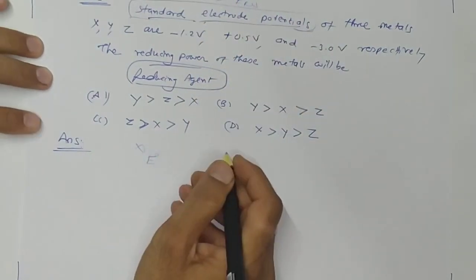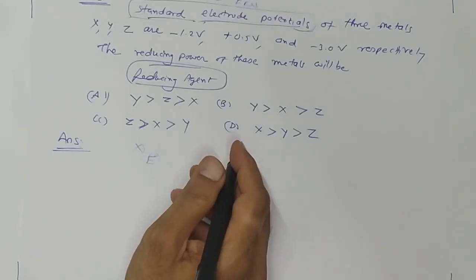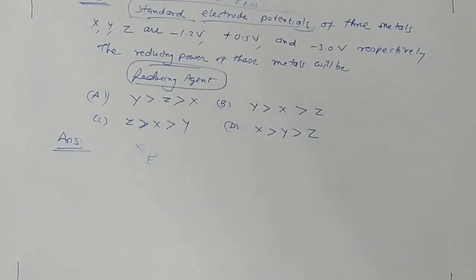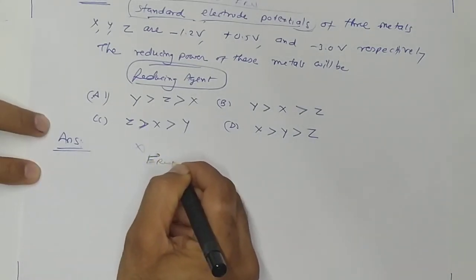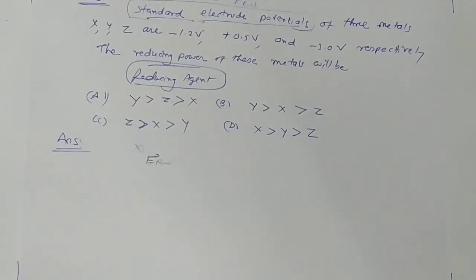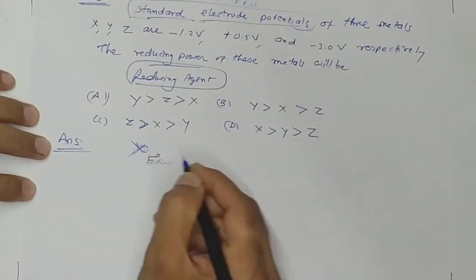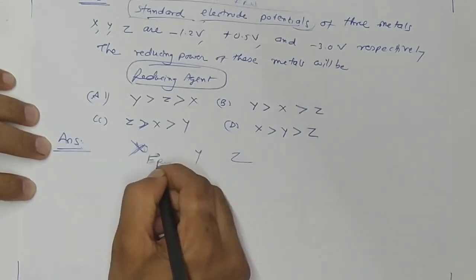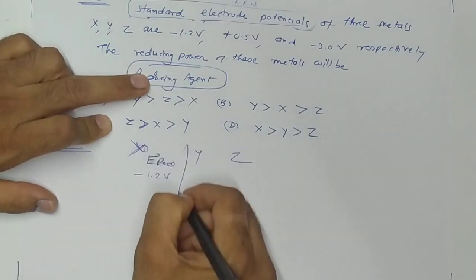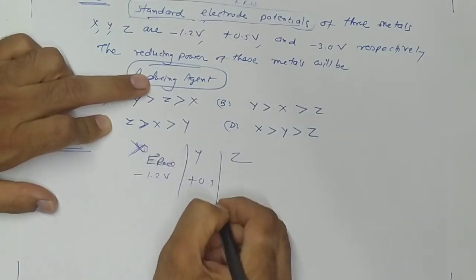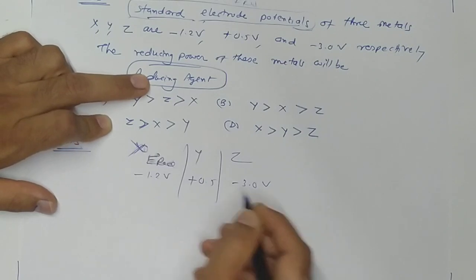So here reduction potentials are given. Reduction potentials are given. So reduction potential of X, Y and Z: first of all, minus 1.2, plus 0.5 and minus 3.